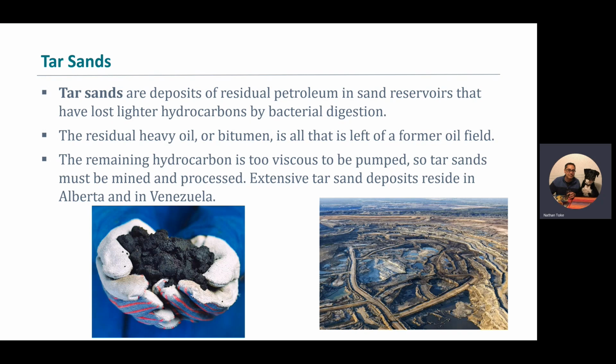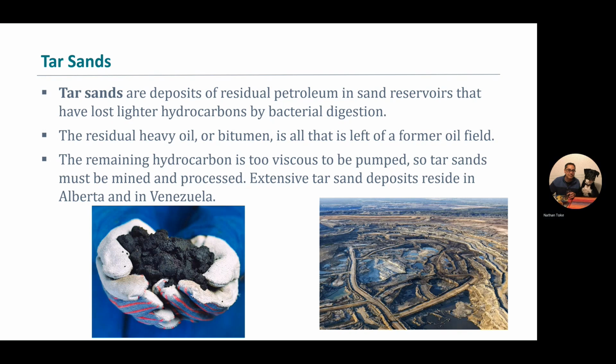Other than oil and gas, we do have areas where the reservoir rock sand containing oil has gotten near the surface. These are referred to as tar sands. Basically, there's residual petroleum in sandstone or sand near the surface.